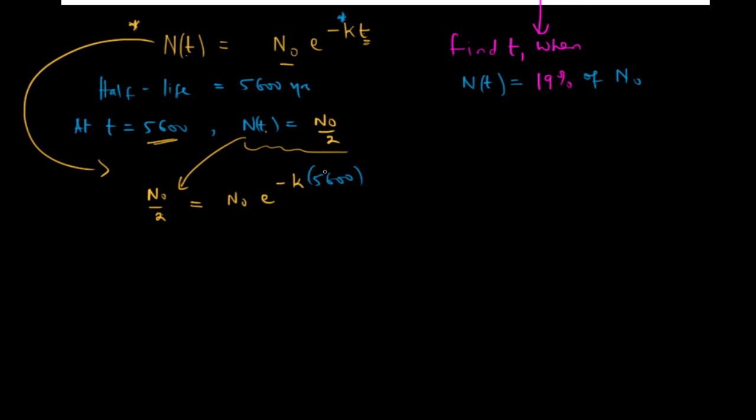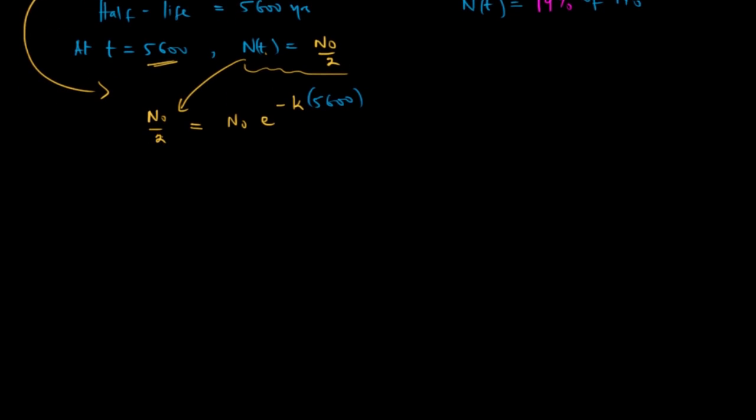So our aim now is to find the value of k. To find k, you'd observe that you can divide both sides by N naught. So this N naught goes off. What you're going to be left with is 1 over 2 equals e to the power negative 5,600 k.